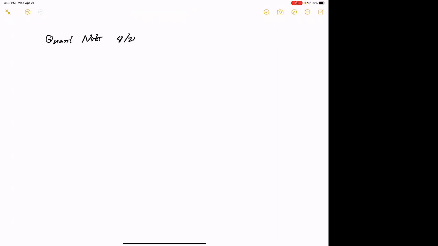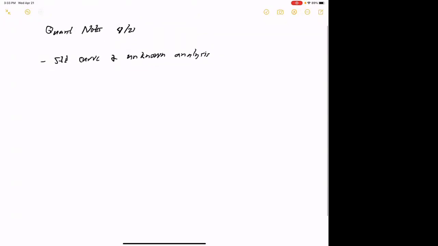All right, so two parts to the experiment. The first one, of course, is going to be the standard curve and unknown analysis. All right, so remember what we did with the Spec 20.